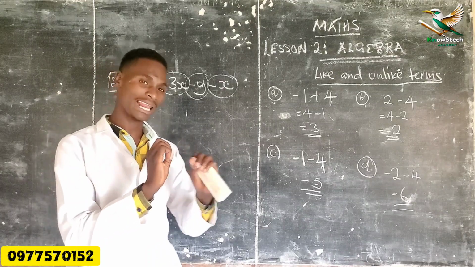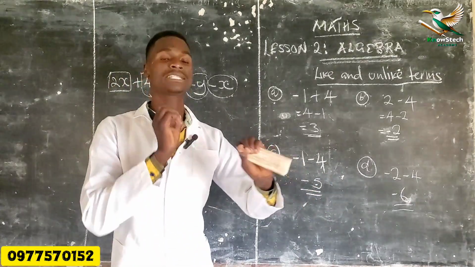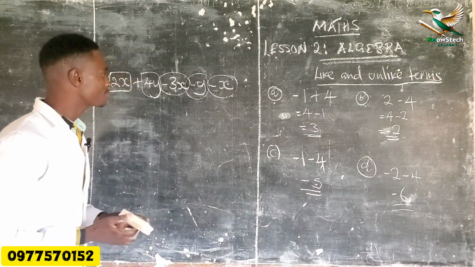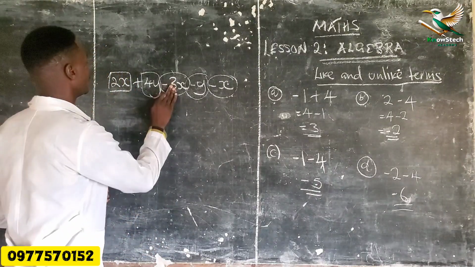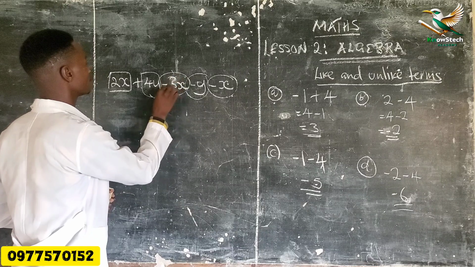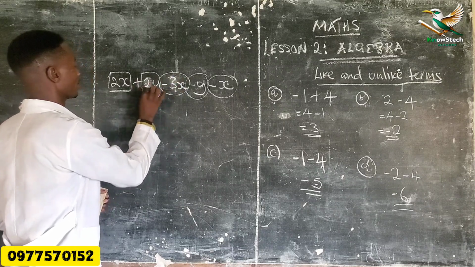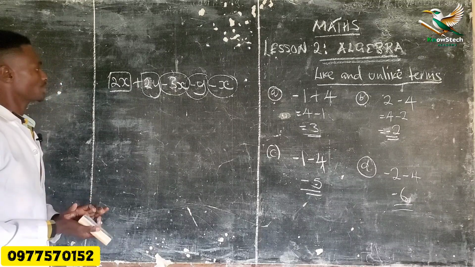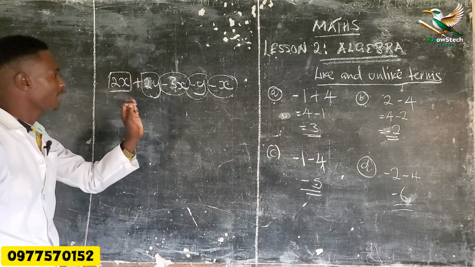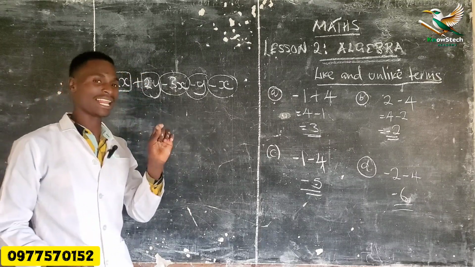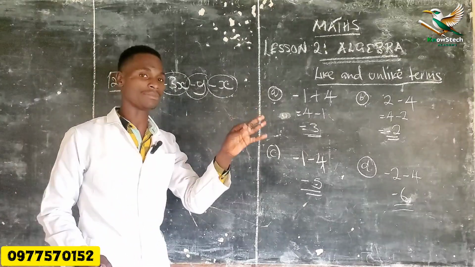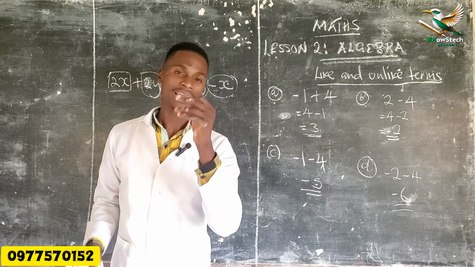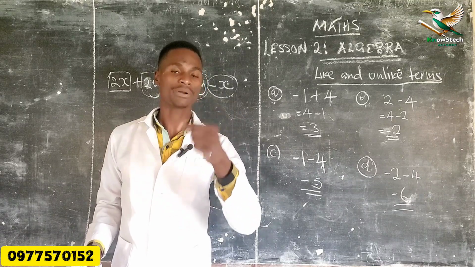Now, when it comes to like and unlike terms, this is what it means. Let me use a 2 here, so that you understand it very well, my good friends. When it comes to like and unlike terms, what determines whether they are like or unlike terms is the letter, or in mathematics we use variables.